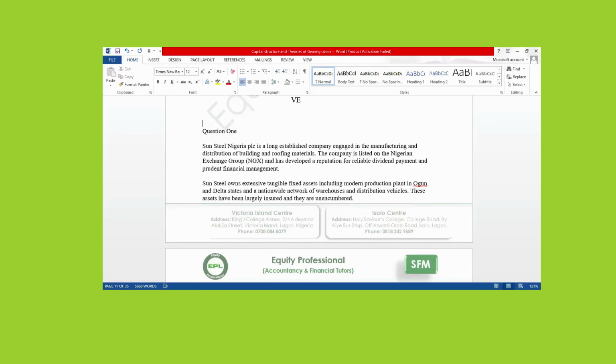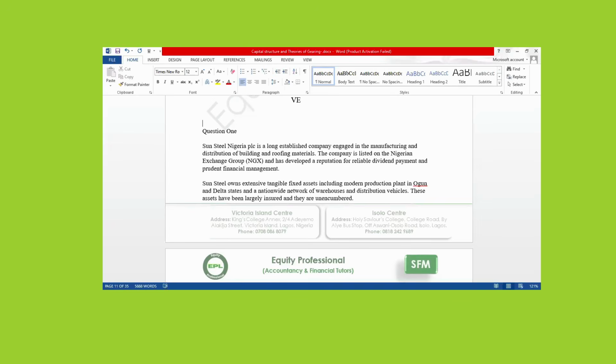The company is listed on the Nigerian Exchange Group and has developed a reputation for reliable dividend payments and prudent financial management.